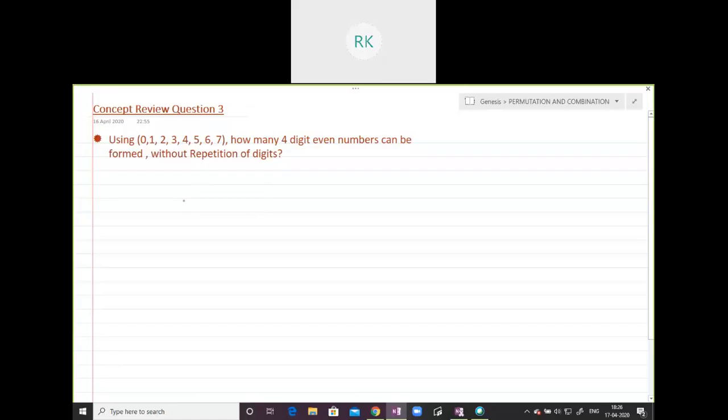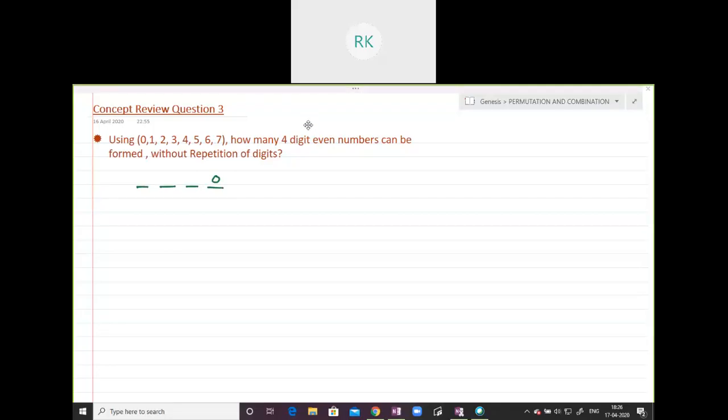So I'll try the same way, the fundamental counting principle again, as a beginner. So the four-digit even number I need, right? So it means the last position must be an even number, isn't it? Yes, Nikhil. One, two, three, four. I need the even number, right? So I'll plug in zero here. Now first I will try what is the mistake you are doing, everybody.